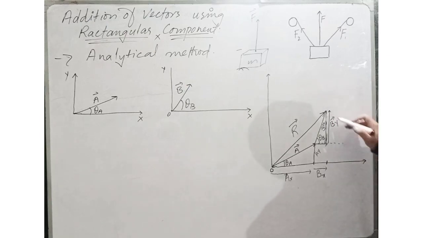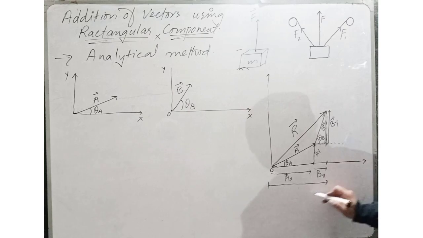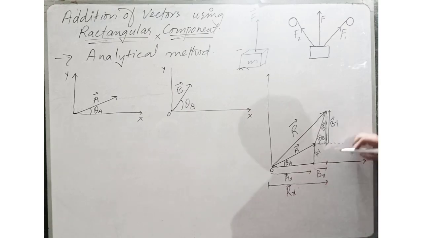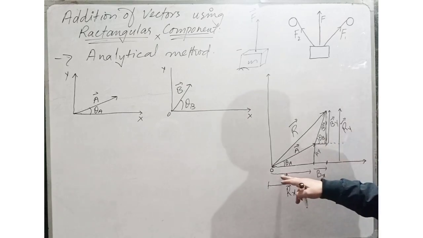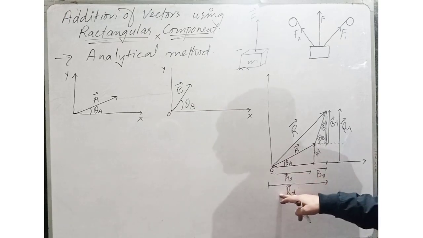Now if we draw the components of the resultant vector, we can get its x and y component, and the x component would be this much, Rx, right? Similarly, this will be the y component of the resultant vector up to this point, so Ry. So from the figure we can see that if we add Ax and Bx, we are going to get Rx, right?